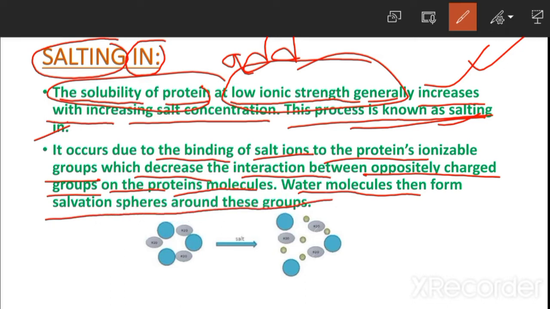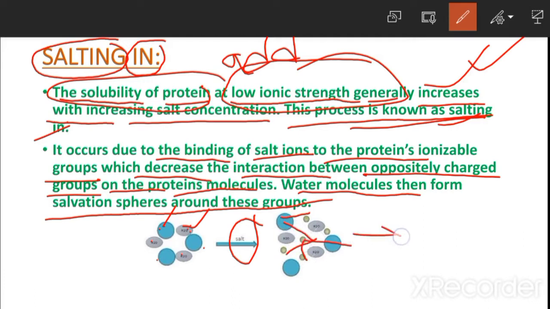At first you see here the protein, the blue part is protein and the grey part is H2O. Protein and H2O interact. Then when you add salt, the protein interacts with the salt ion.